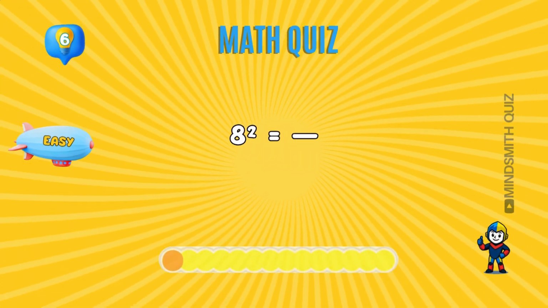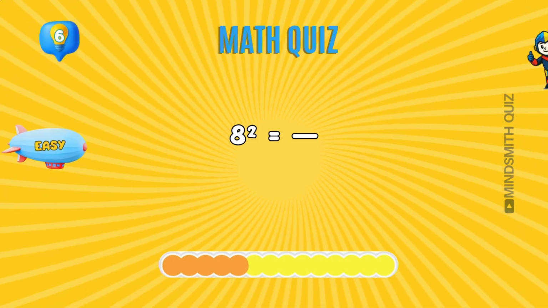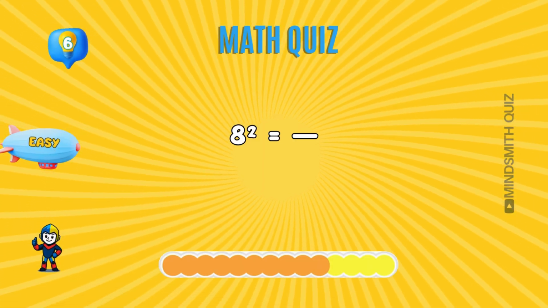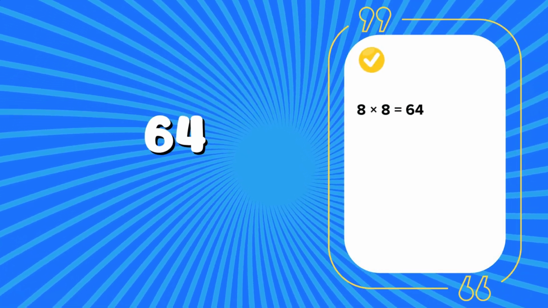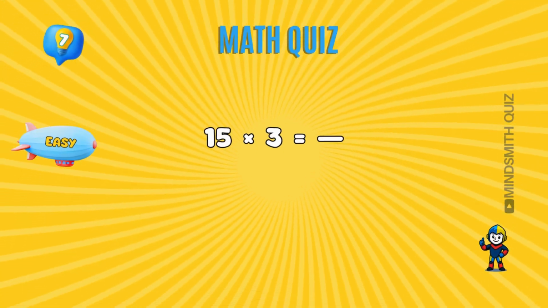8 squared equals. Eight squared equals 64. 15 times 3 equals.